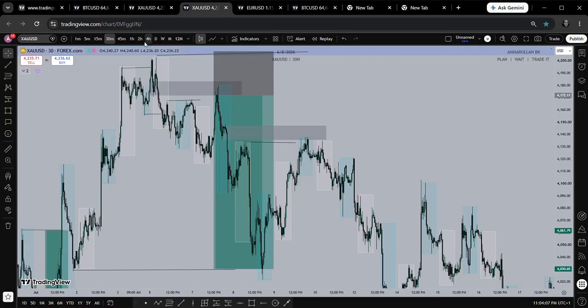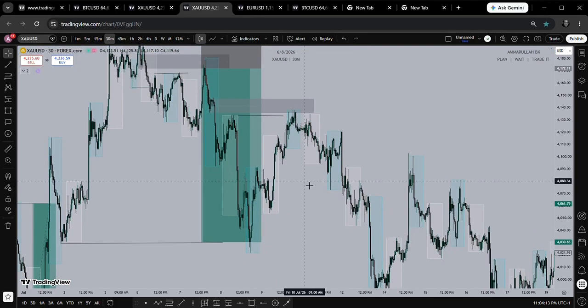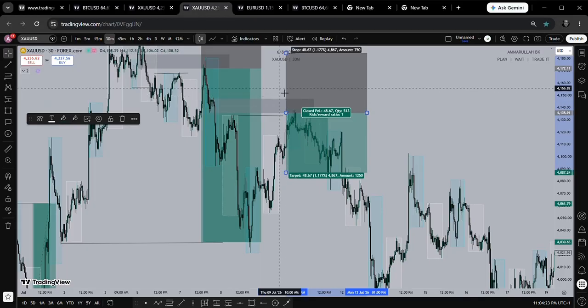If I go to the 2-hour time frame, you see a single bullish candle right here. So that is our next entry. That's the closest thing we see after the inducement has been taken out.